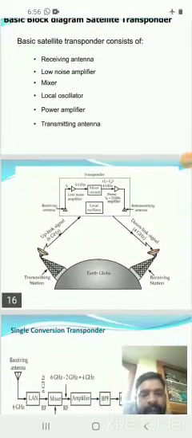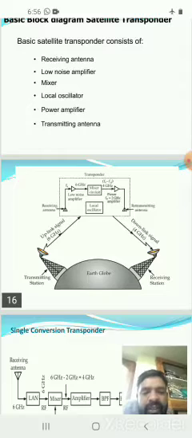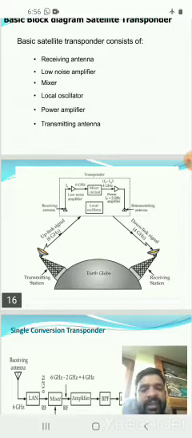Here the diagram shows the transponder. Here the earth station consists of two stations. One is the transmit station, which transmits the signals from earth to satellite, called uplink signals. For C band it is 6 GHz. For Ku band, 14 GHz signals are used.